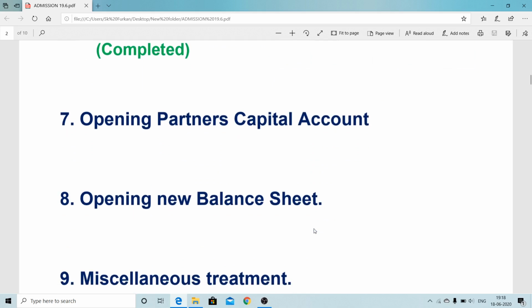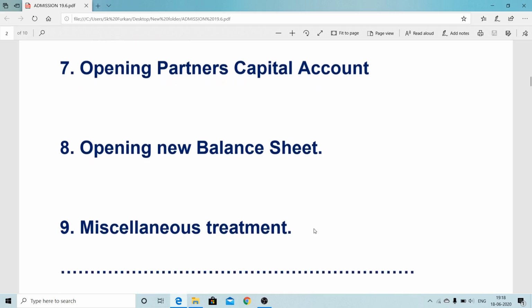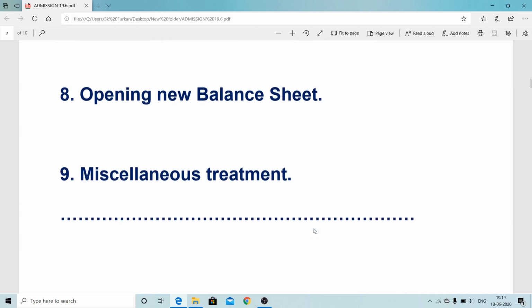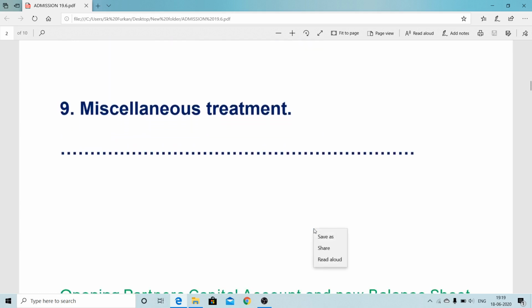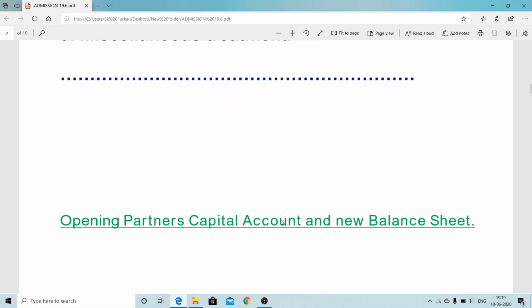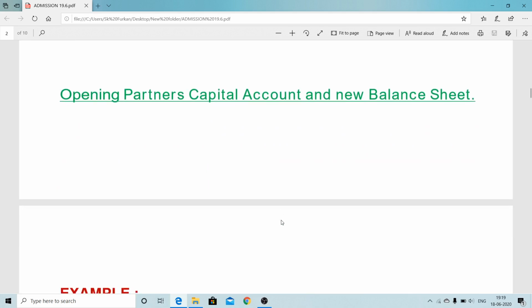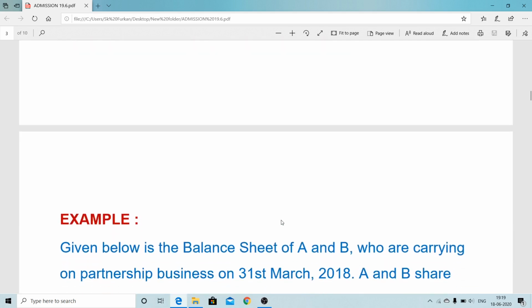So ultimately there will be a full 8 marks problem, up to step 8. But in every sum, all the steps may not be required, more information may be provided. Let's see the problem, what type of information is provided and what we have to find out.